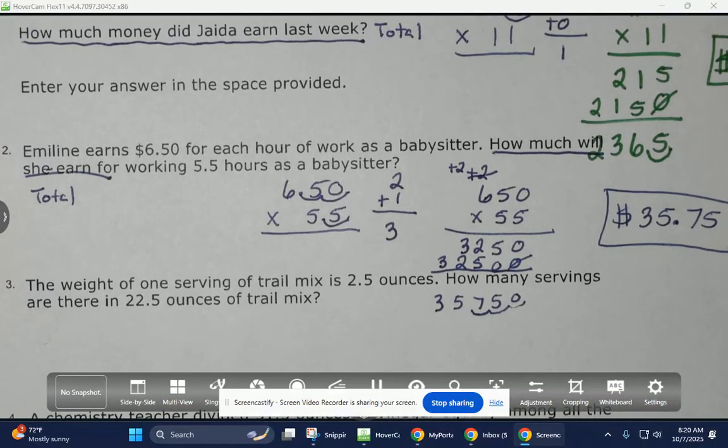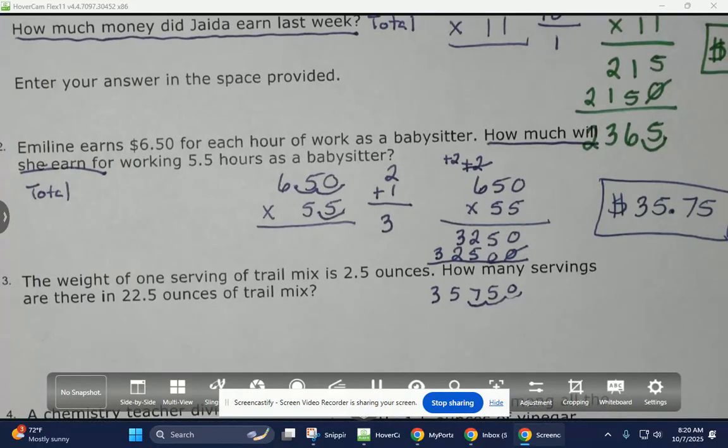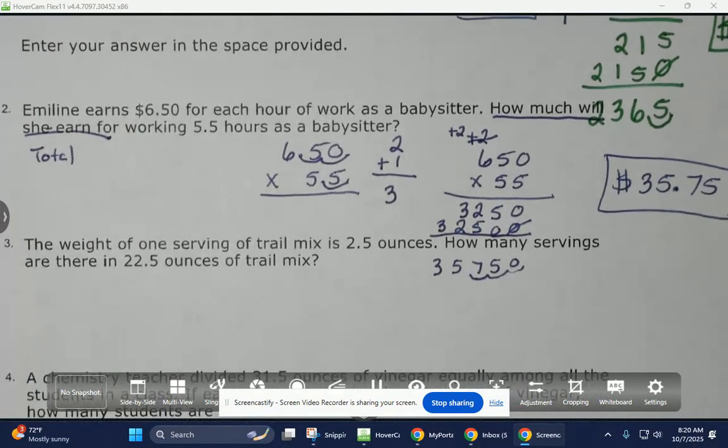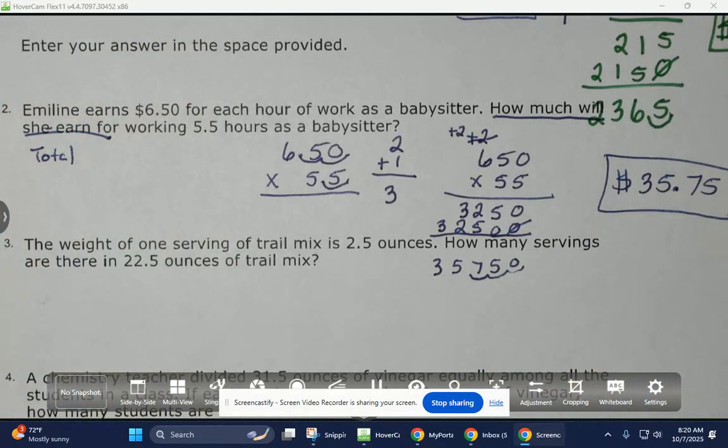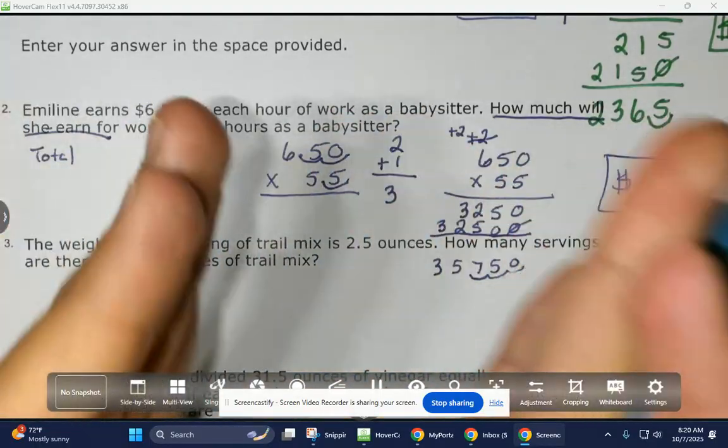All right, next one, number 3. The weight of 1 serving of trail mix is 2.5 ounces. How many servings are there in 22.5 ounces of trail mix? Like the analogy I gave the kids, you went Sunday shopping, you got some snacks for their lunchbox for the school week. So you got this big bag of trail mix, and you're going to split it up each day for their snacks.